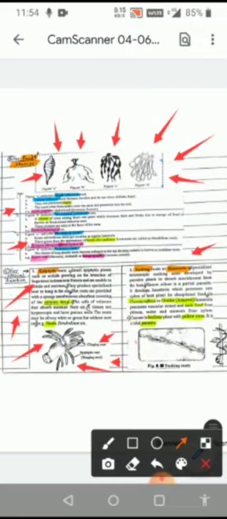The other root, that is sucking root, is also called haustoria. These are special roots. They develop from parasitic plants. They absorb food material directly from the host plant. In Cuscuta, that is Amarvel, they produce this special type of root.